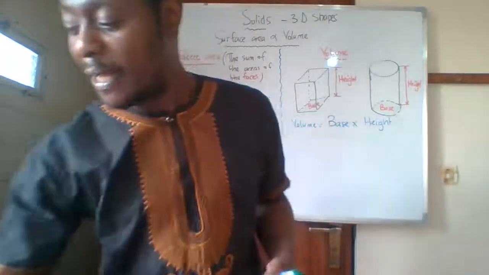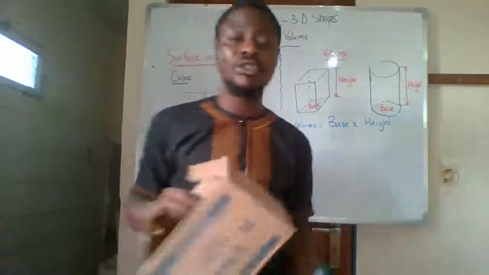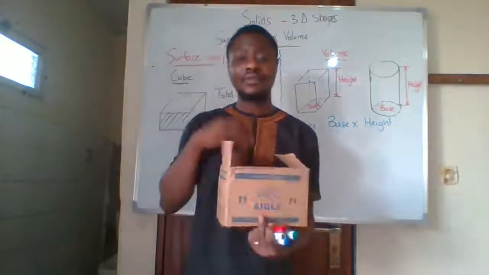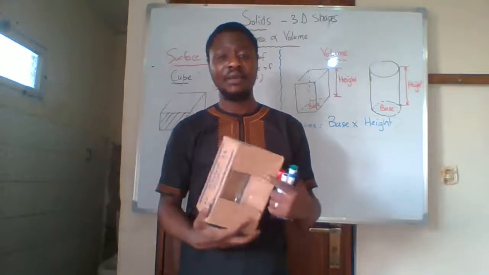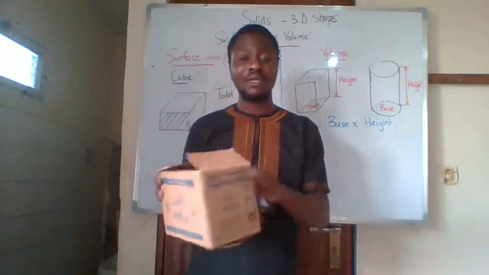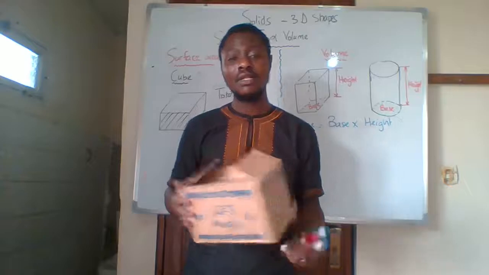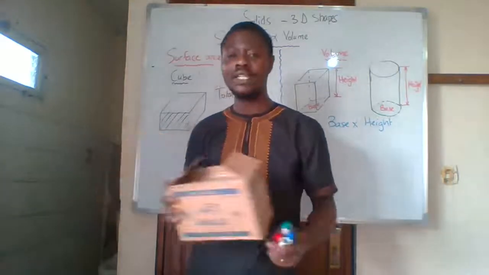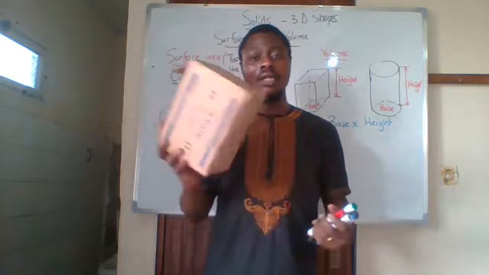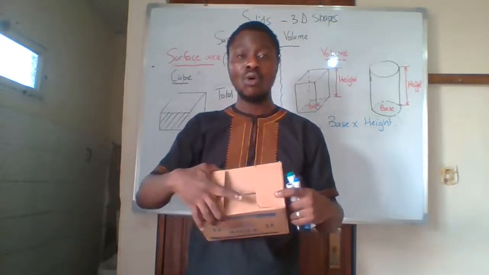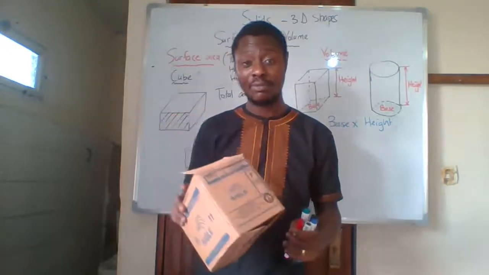Now, in three-dimensional shapes, some of them are like this one, it's a rectangular prism. It's not really a cube because the faces are not all equal. They're all rectangular in a way. Or you can call it a cuboid. So this box is a cuboid or a rectangular prism.